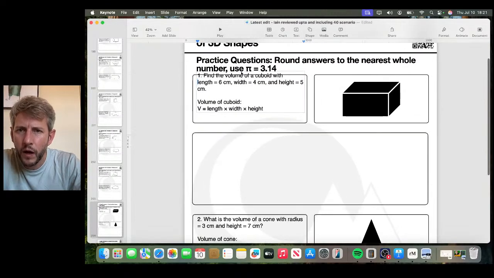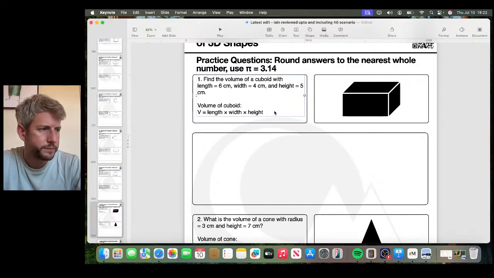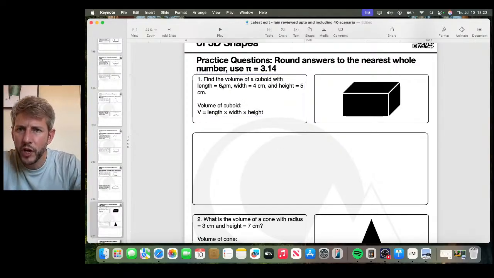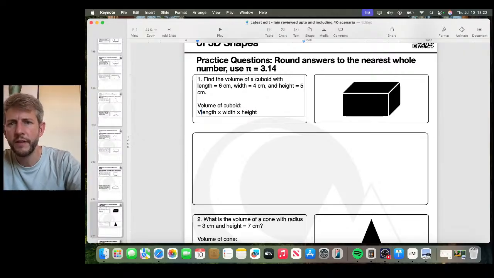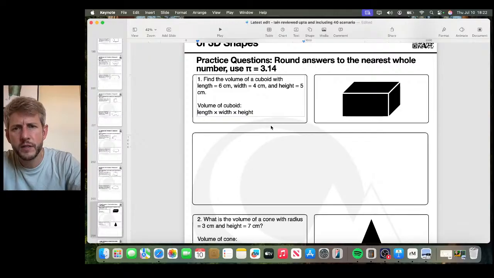Right, so I want this bit. Ah, that's perfect. So find the volume of a cuboid with length 6. Volume of a cuboid is given by... I don't need that V there, to be honest. But maybe I could... no, I think that's fine like that.